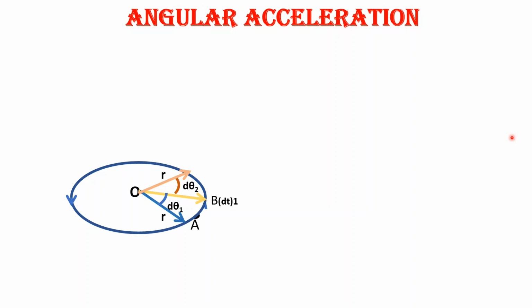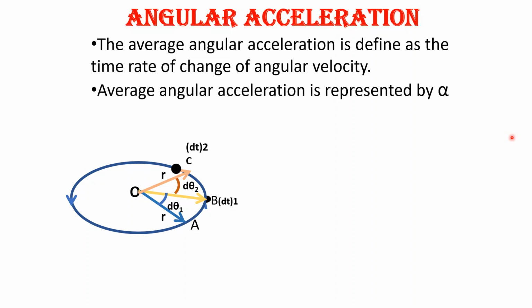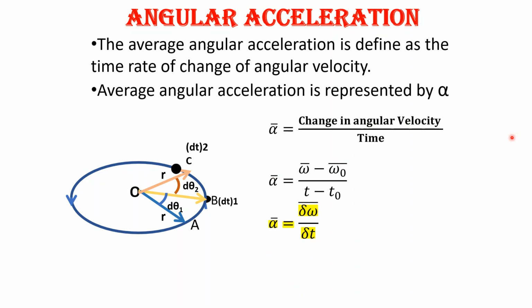Average angular acceleration is defined as the rate of change of angular velocity, and it is represented by alpha. By formula we can write alpha is equal to change in angular velocity upon time. So alpha is equal to vector omega minus vector omega naught upon t minus t naught.